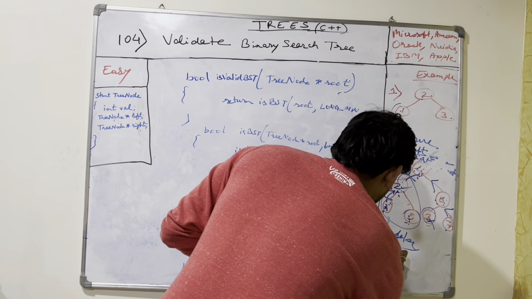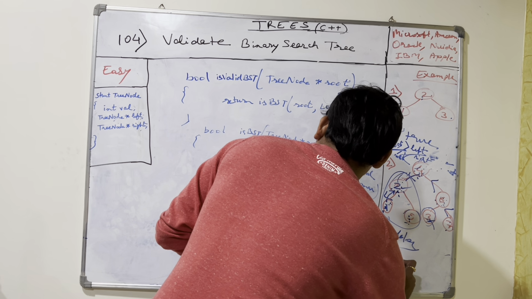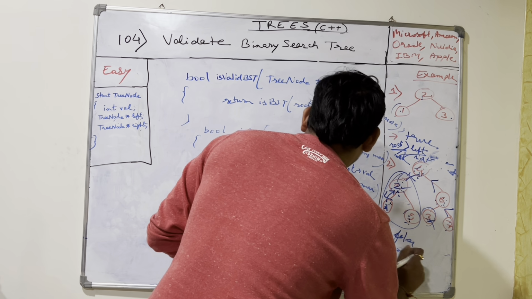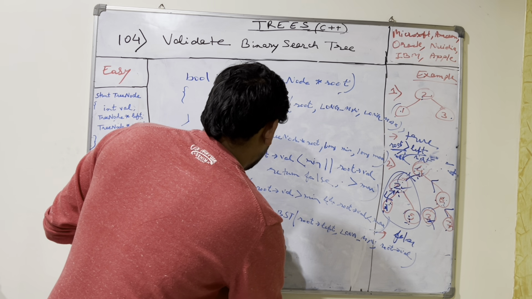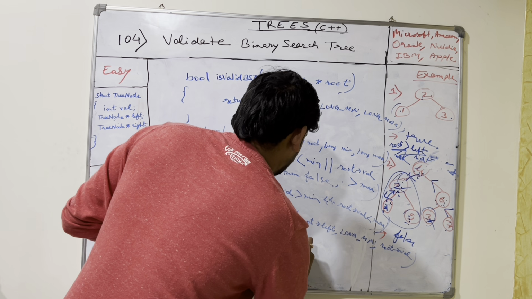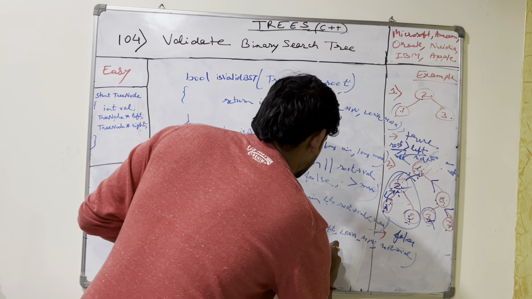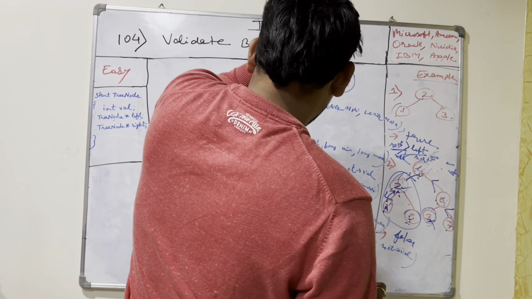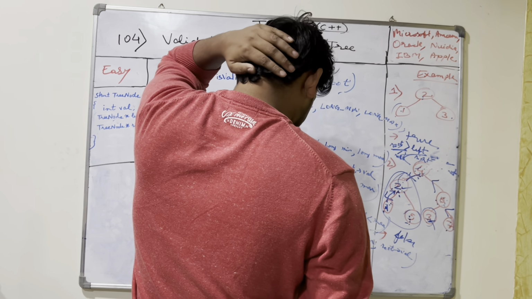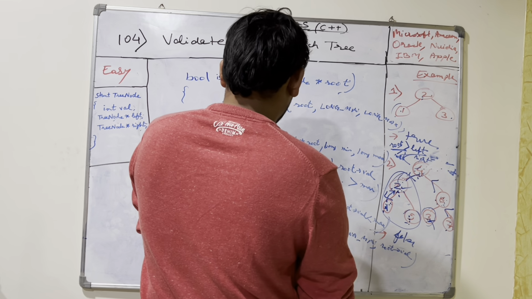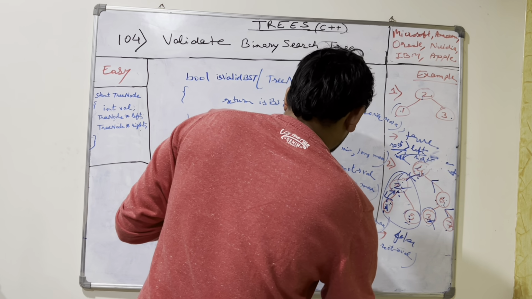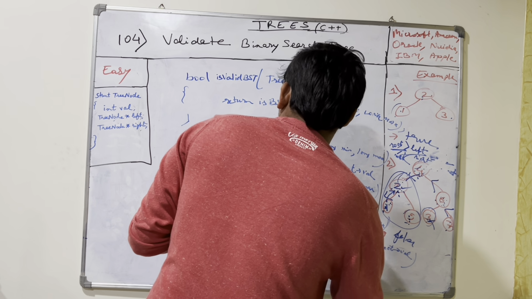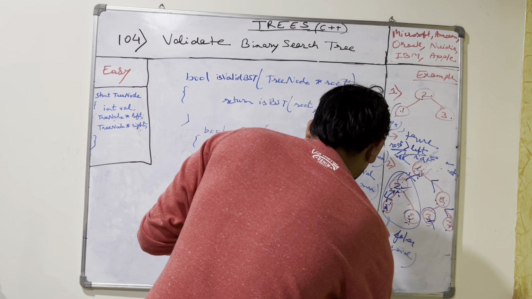And the maximum is the root value, because it cannot cross the root value as we have seen, and isBST root right.